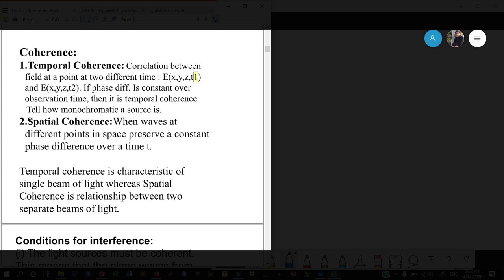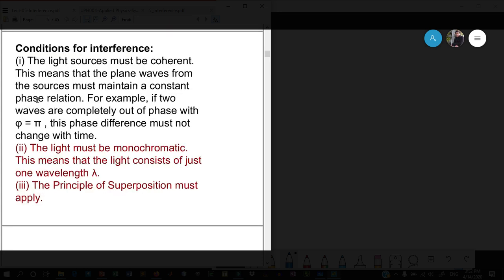Spatial coherence and temporal coherence, of course, are not independent quantities. If we know one very well for two sources, whether their temporal coherence is maintained, then we'll be able to know what would be the spatial coherence. So that was the first condition: for two rays to interfere, they must be coherent. That's rule number one.